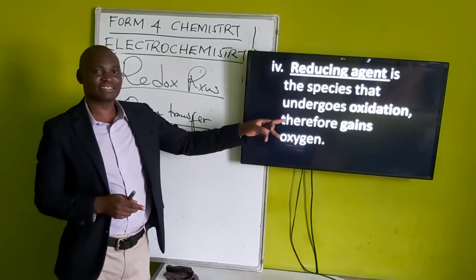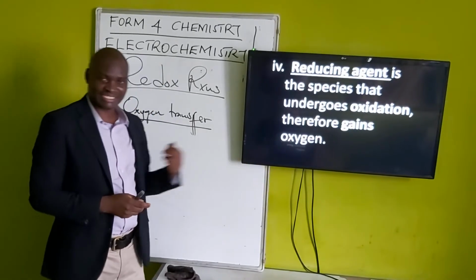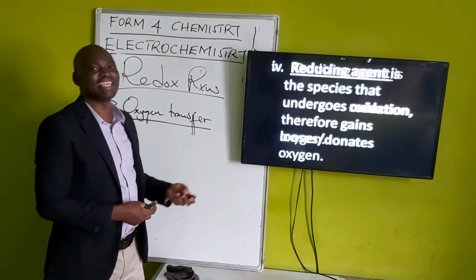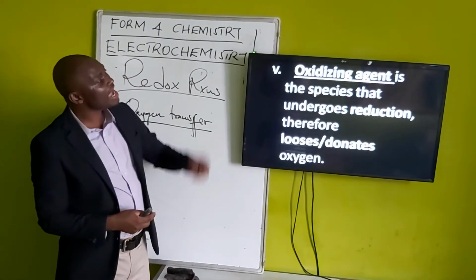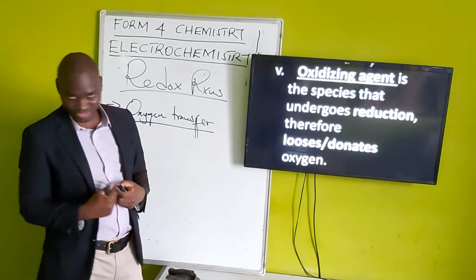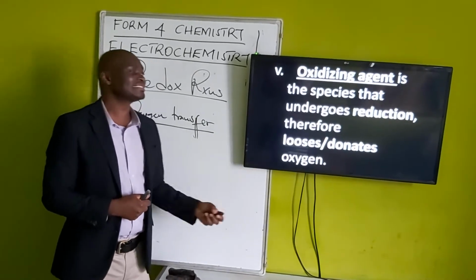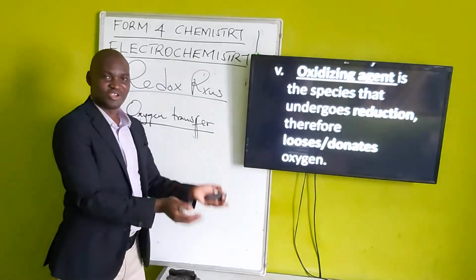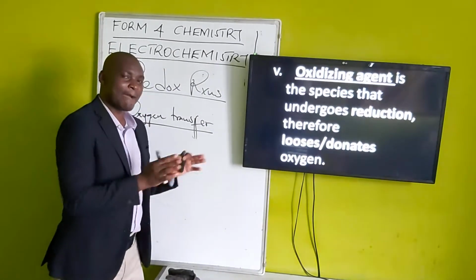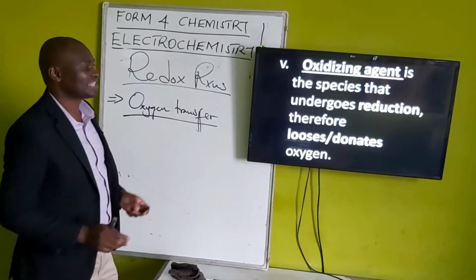So the reducing agent is the one which is oxidized, and therefore by being oxidized it gains oxygen. The reducing agent gains oxygen. When we come to the oxidizing agent, it is the substance that donates oxygen, to bring about oxidation, to add oxygen to a substance.